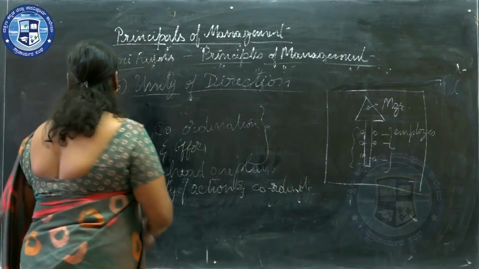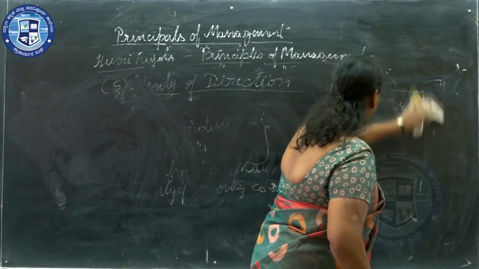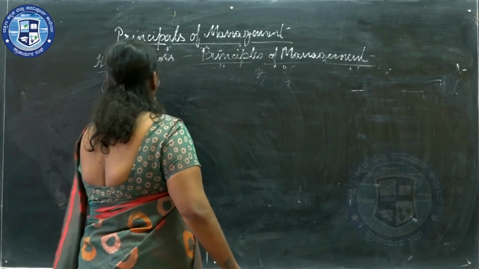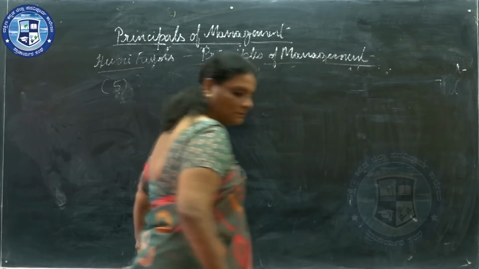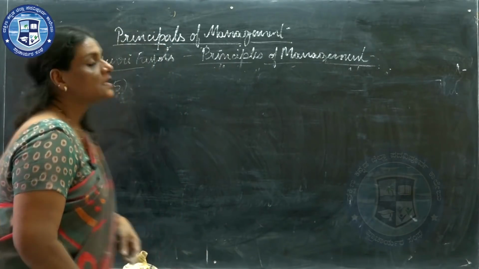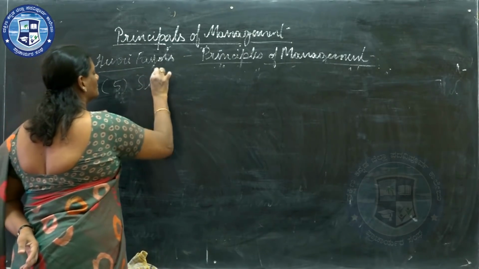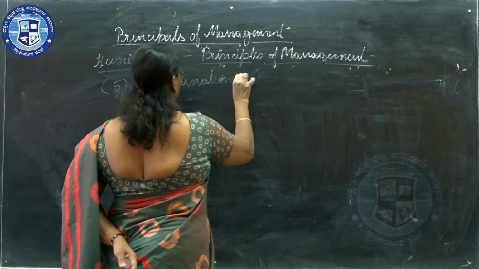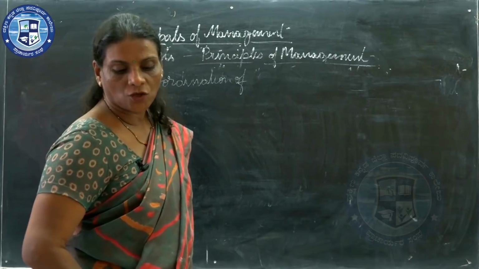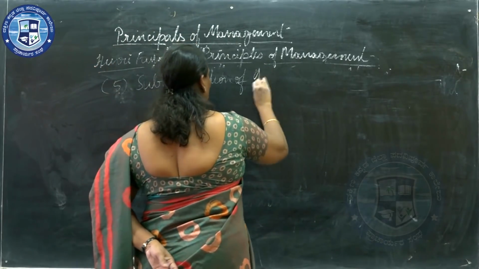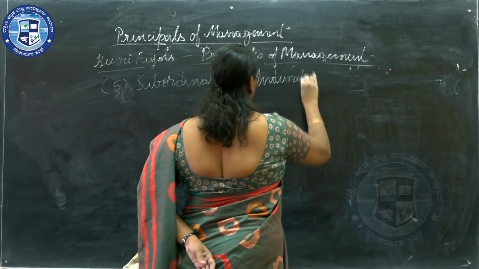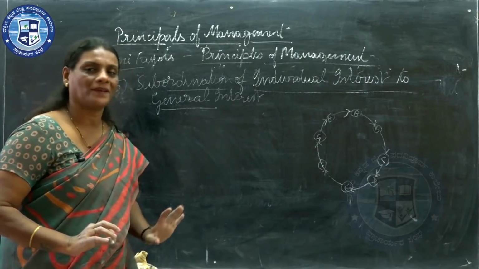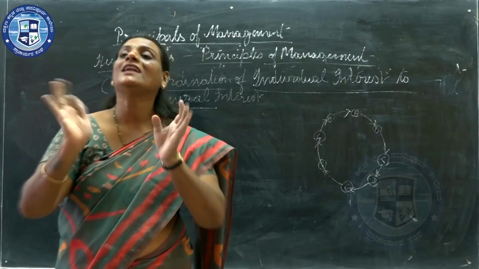Next, let us move on to the next point, the sixth one, being subordination of individual interest to general interest or group interest. Very simple from this chart, from this particular picture, that you have to forego your individual interest.